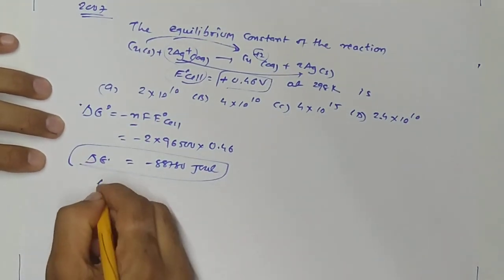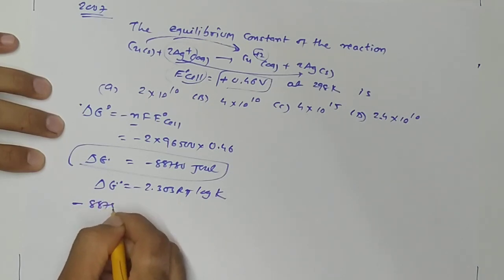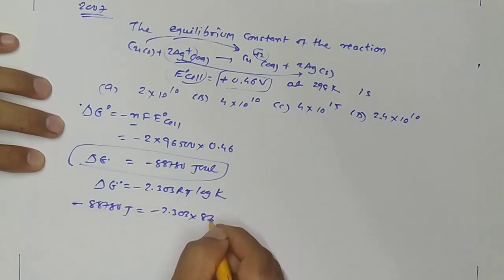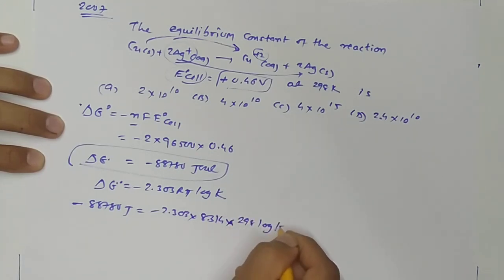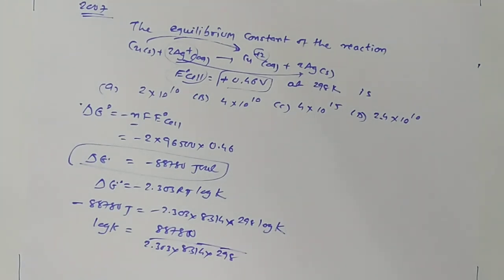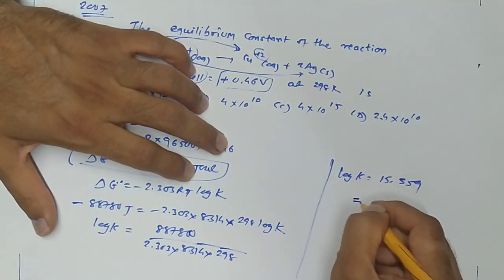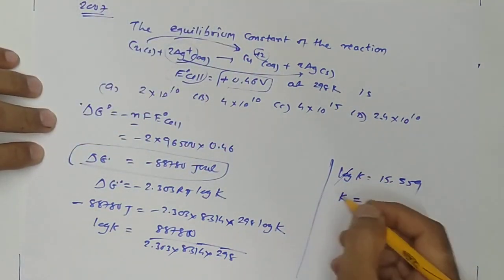Now the equilibrium constant. Delta G° is equal to minus 2.303 RT log K. Putting in the value of R in joules and T as 298 Kelvin, on both sides the minus is cut. So log K is 88780 upon 2.303 × 8.314 × 298, which gives 15.559. On both sides we apply antilog, so log will be cut.